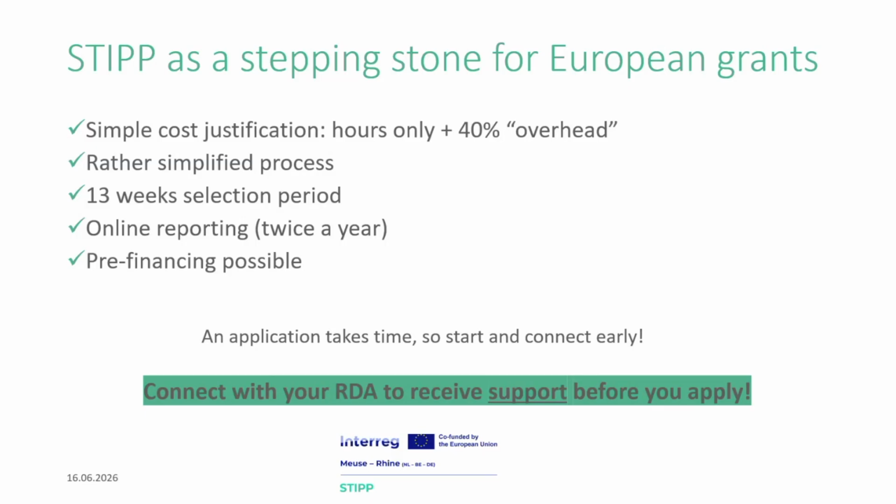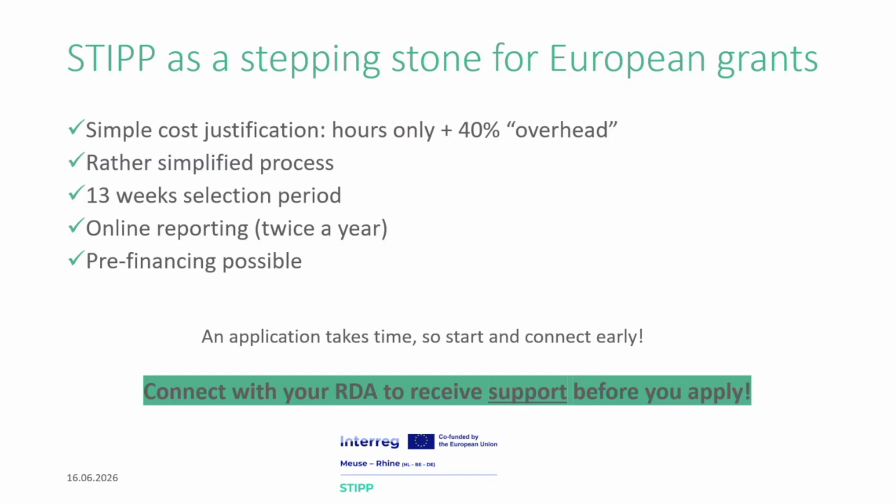October seems to be a long time ahead, but we know that you will need some time to make sure that everything is in place, that you have the mandatory annexes, and that you are aligned with your other partners to apply for this grant scheme. And therefore, we also recommend to connect with your RDA in your region as soon as possible, so you can receive our support before you apply.